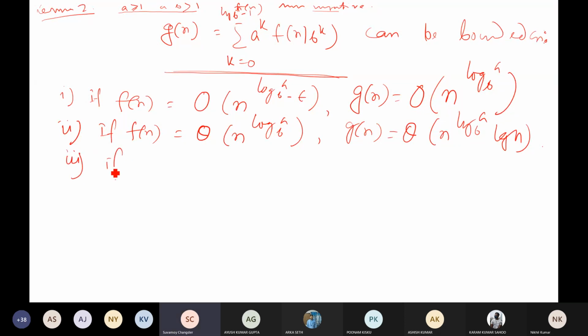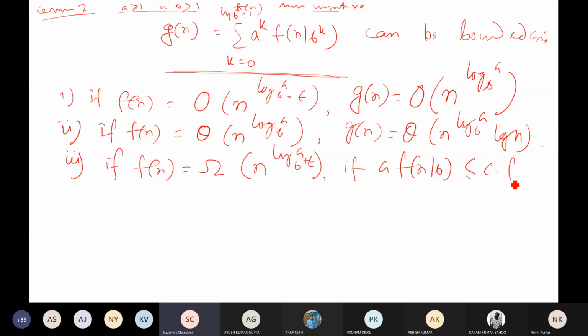Case 3, if f(n) equals omega of n to the power log a base b plus epsilon, and if a times f of n by b is less than or equal to c times f(n), then g(n) equals theta of f(n). Here, obviously, c is less than 1.